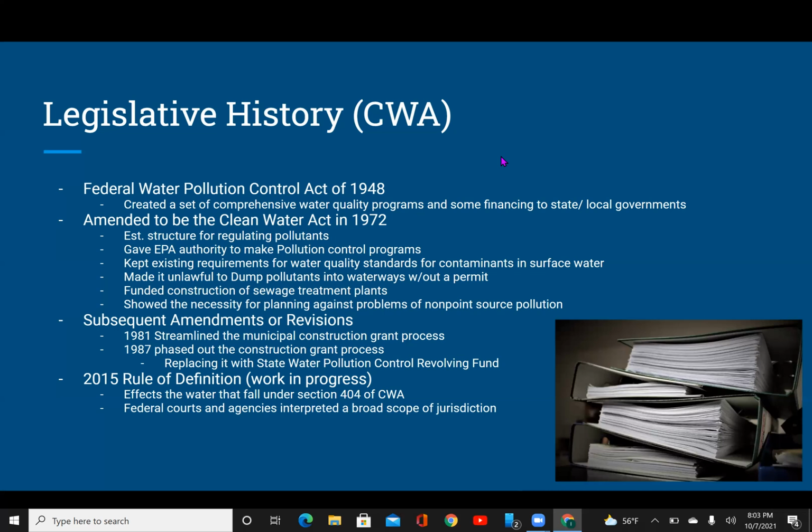It's something that's still in the works today, but it affected the water that falls under Section 404 of the Clean Water Act, and federal courts and agencies basically wanted to change the focus of what it actually affects, what kind of waterways will be in tow. Next.